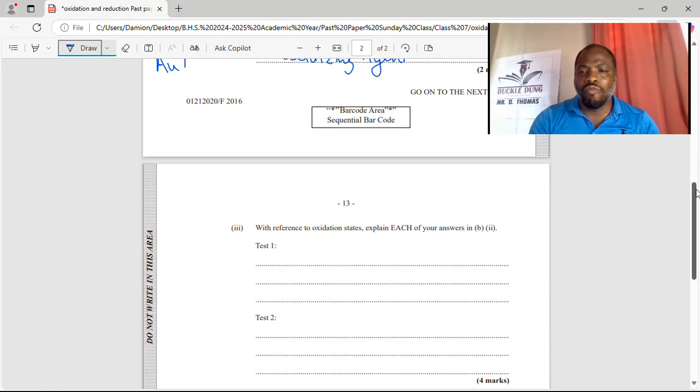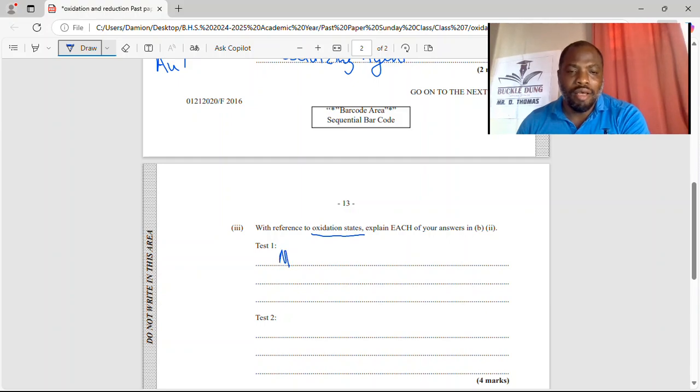With reference to oxidation states, explain each of your answers in B. So this is where, again, what did we say happened to the manganate ion? They said with reference to oxidation state, so they don't want to hear about electrons when you talk about oxidation state.